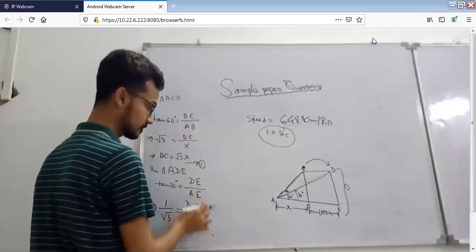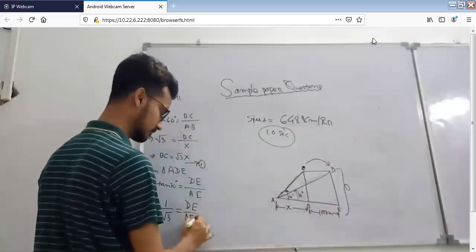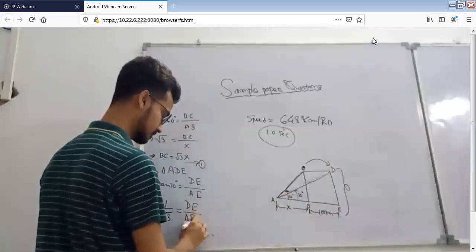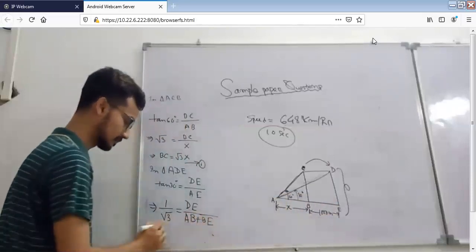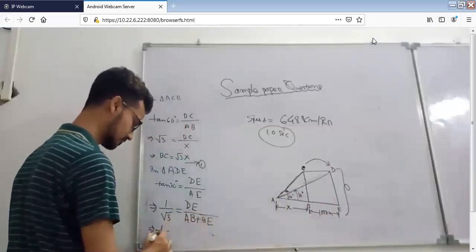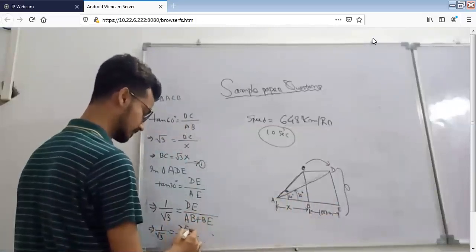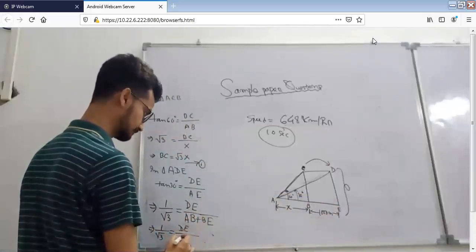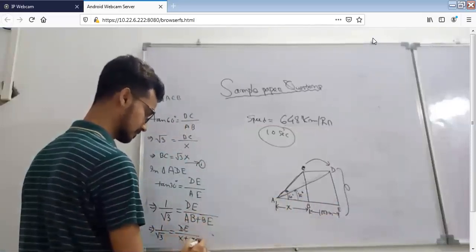What will be AE? In place of AE, we can write AB plus BD. Yes or no? See the figure? AB plus BD. Yes. So just put the value here. There will be 1 by √3 equal to DE by AB, which is X, plus BD, and BD we have already found, 1800.